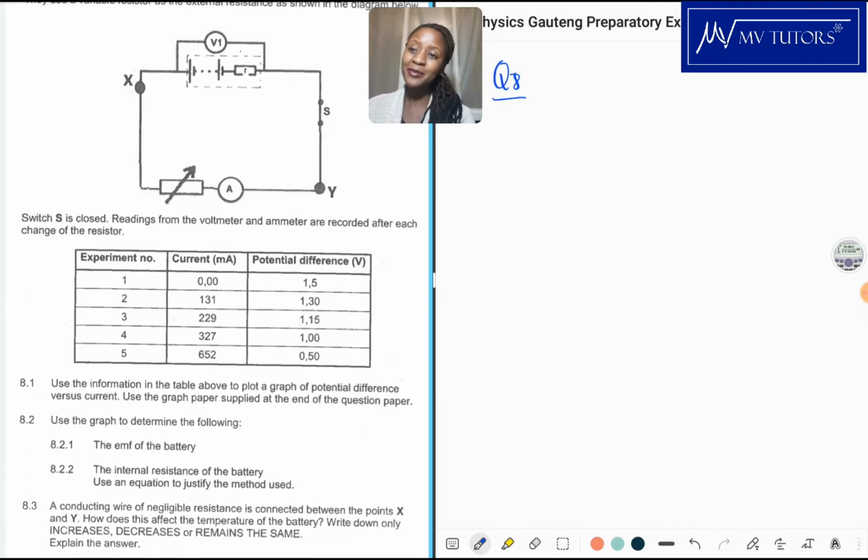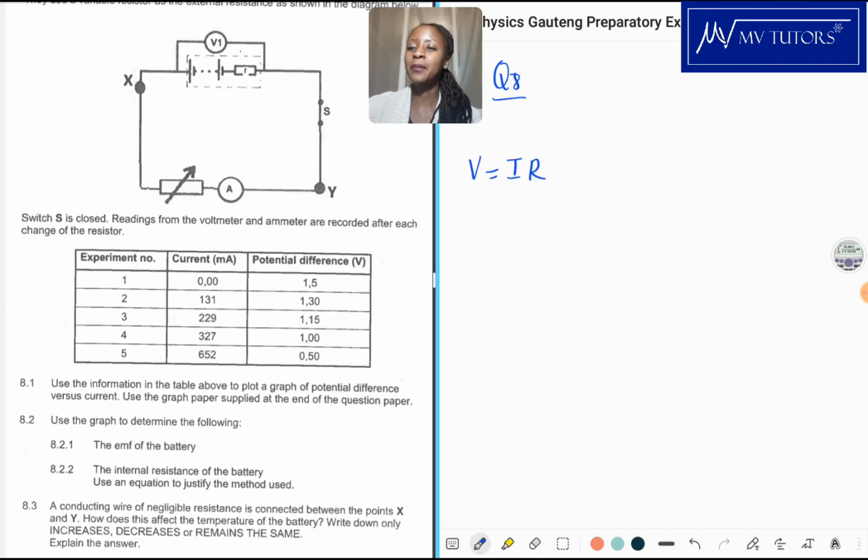But the potential difference, if you can recall, really does depend on the current and the resistance. So I would put the potential difference as the dependent variable on the y-axis and the current as the independent variable on the x-axis.